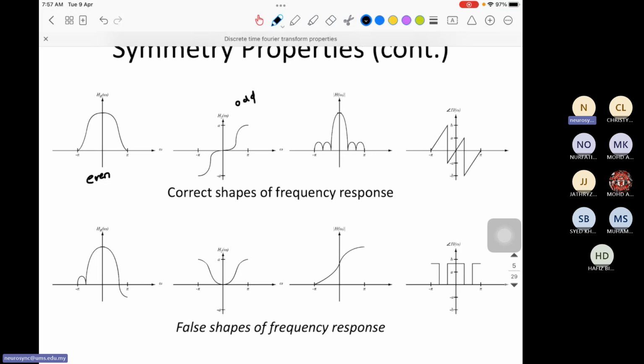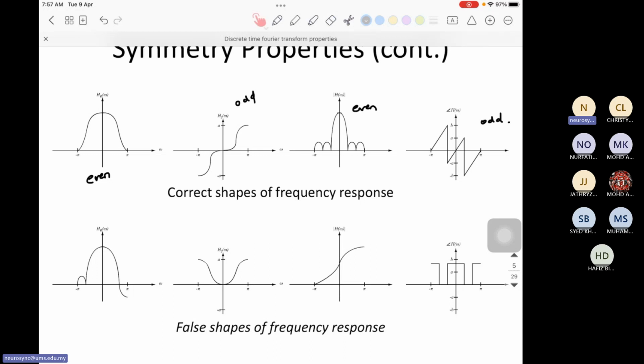Again, in case of magnitude, this is even and this is odd. Okay. So we have already seen here that the real part is even symmetric and the imaginary part is odd symmetric. Therefore, these are the correct shapes of the frequency response of the h of n system.